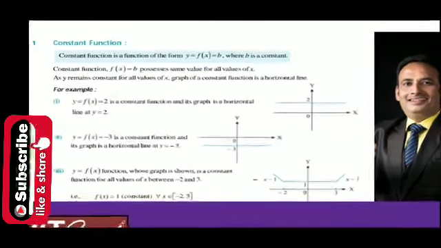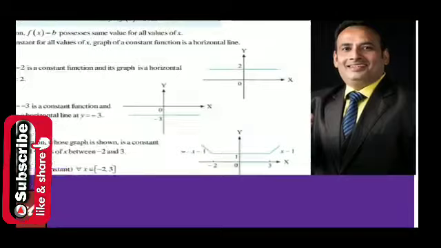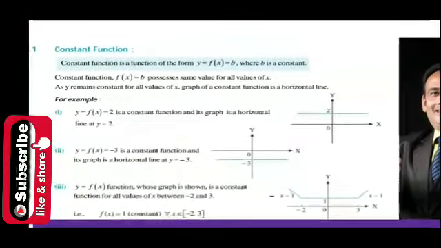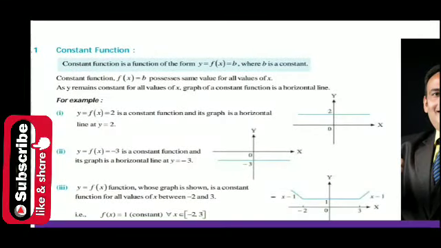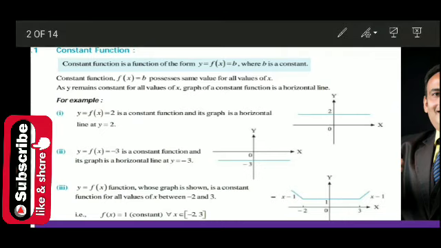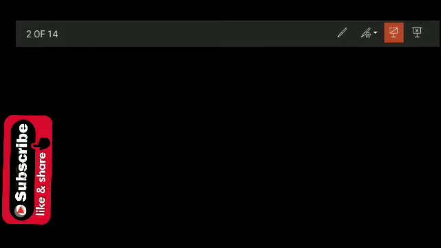If you see here, the constant function y equal to f(x) equal to b, where b is a constant. For example, if we take y equal to f(x) equal to 2, this is a constant function.